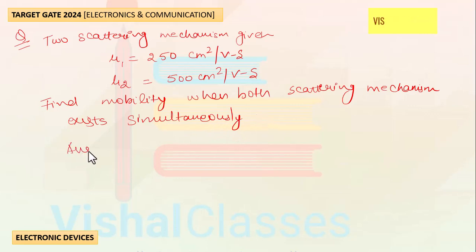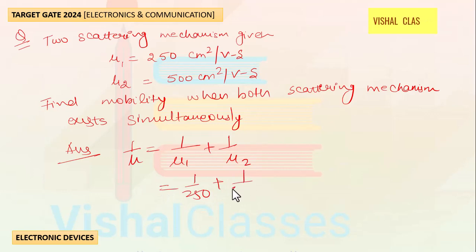As we have written the formula, 1 upon mu equals 1 upon mu 1 plus 1 upon mu 2, so 1 upon 250 plus 1 upon 500. The mu value comes out to be about 160 centimeters square per volt second. Okay.